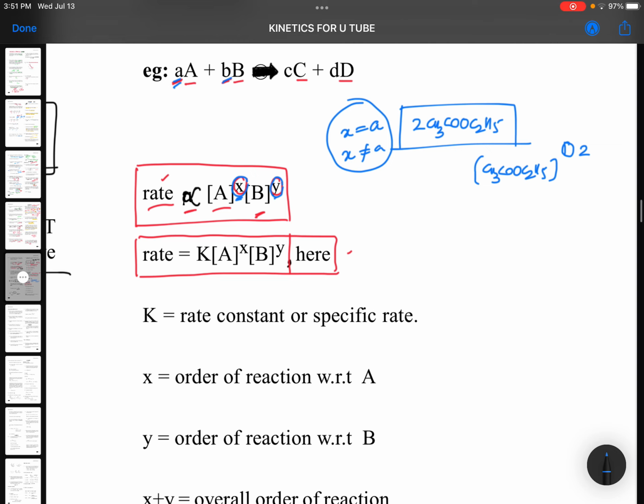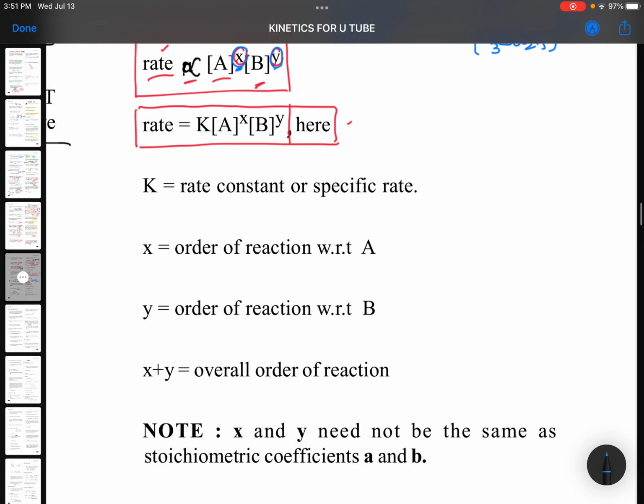Here k is the rate constant, or specific rate. x is the order with respect to A, y is the order with respect to B, and this expression is called rate law. Rate law is nothing but the relation between rate and concentration terms. Rate equals k into [A]^x [B]^y.